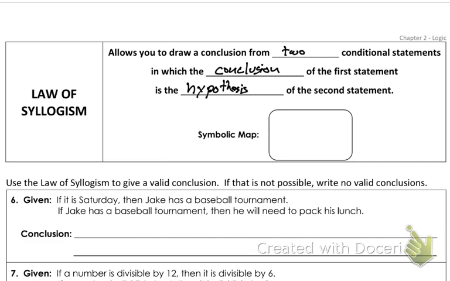So if the conclusion of your first statement is the hypothesis of your second statement, it's basically you're just joining two statements together. You're pasting them together because they're joined at the same statement.